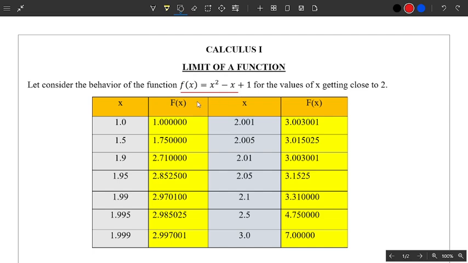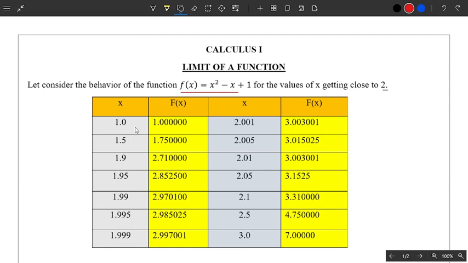Considering this function for values of x getting close to 2, we are going to look at a series of values which are approaching 2. From the table, we have the function and the values of x. We're going to look at it from the left hand side, and also from the right hand side.